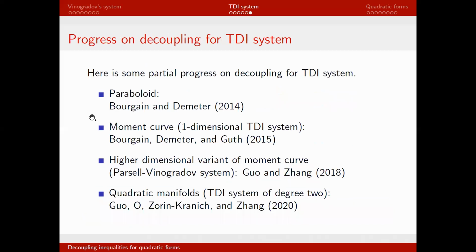And here is some partial progress. Paraboloid and moment curve are two extreme cases, and these are already known by Bourgain-Demeter and Bourgain-Demeter-Guth. And after this work, Shaoming Guo and Ruixiang Zhang tried to generalize the theorem of Bourgain-Demeter-Guth in the higher dimensional case.